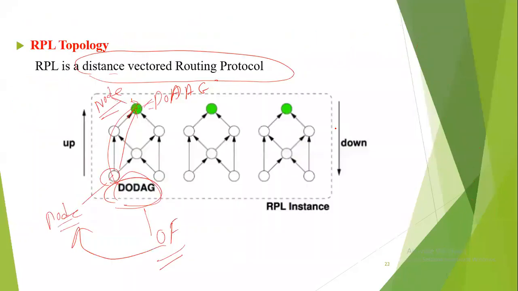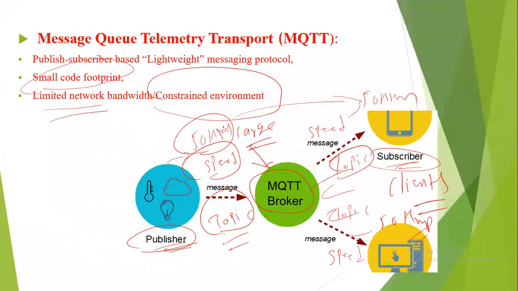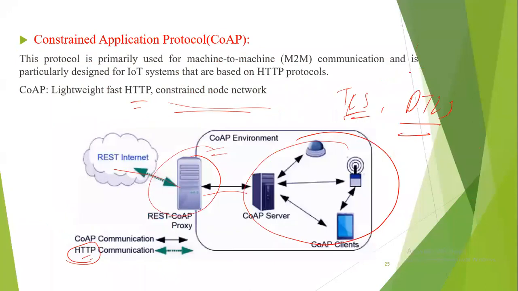Both these protocols use UDP instead of TCP/IP. They are using UDP, user datagram protocol, and UDP is used because of security. As far as security is concerned, CoAP is mostly used.